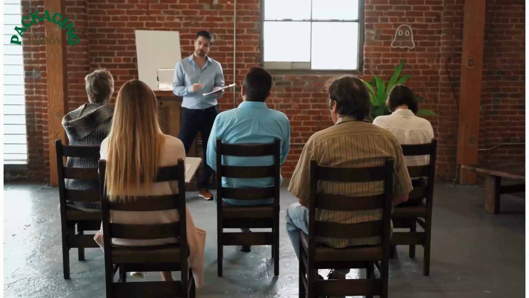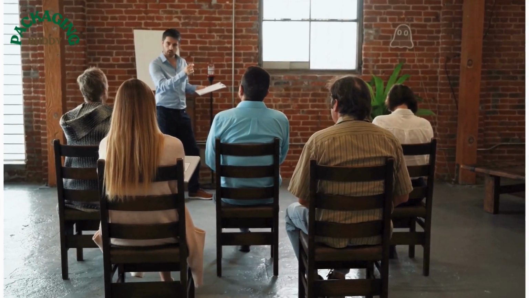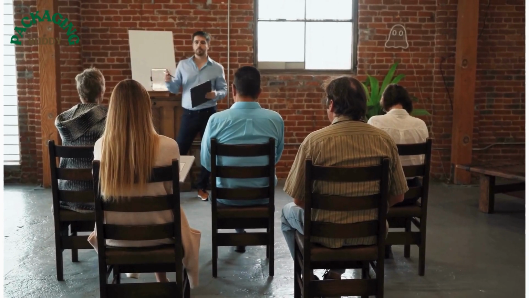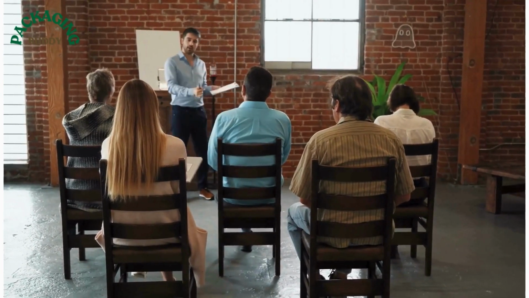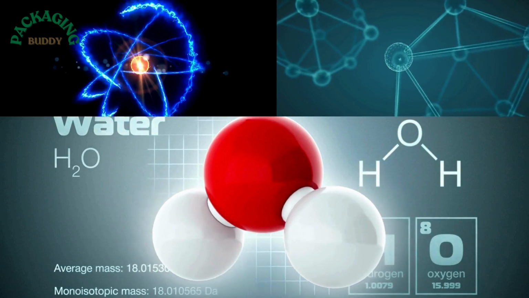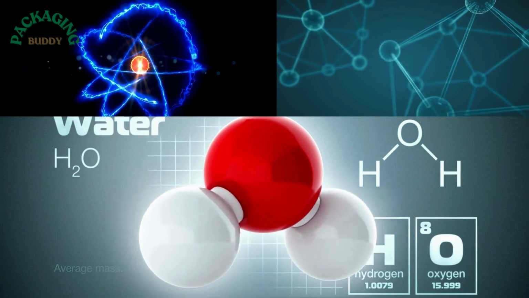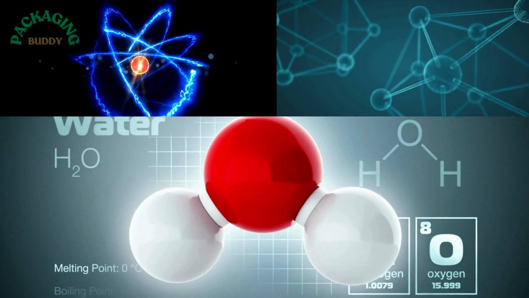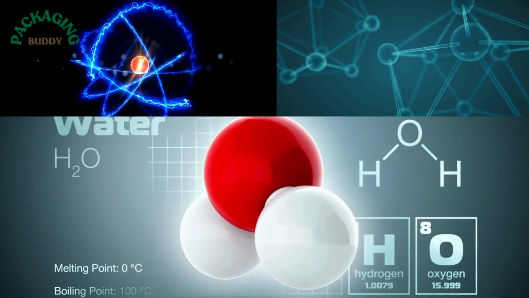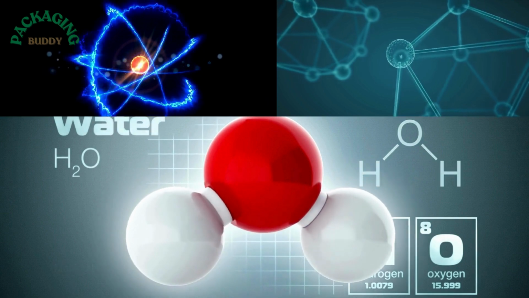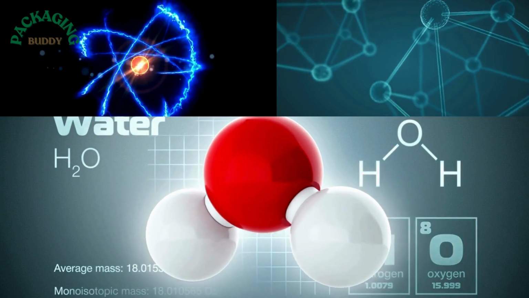Before we discuss Graham's law of diffusion, we will discuss some topics which will be used in the calculation. Number 1, mole. A mole is a unit in chemistry that represents a specific number of particles, typically atoms or molecules. Here, atom means matter is made of extremely small invisible particles called atoms.